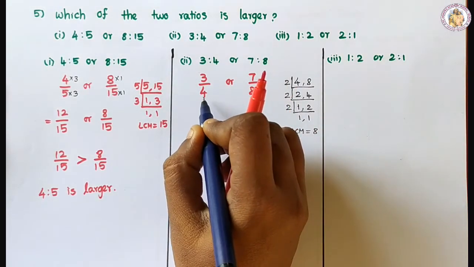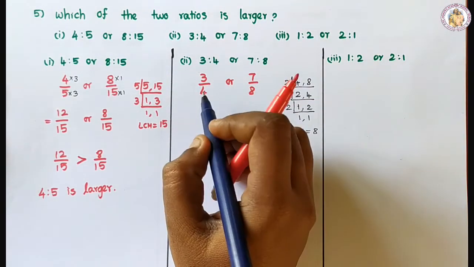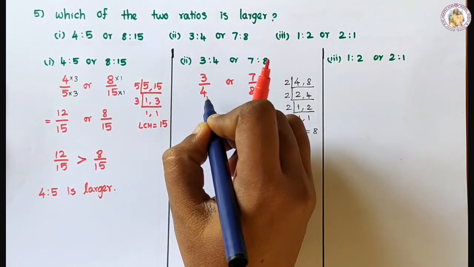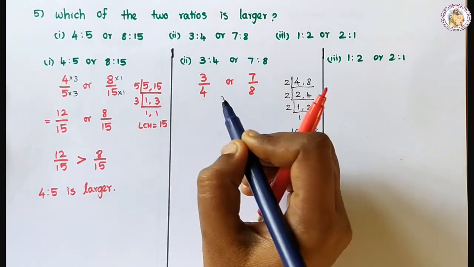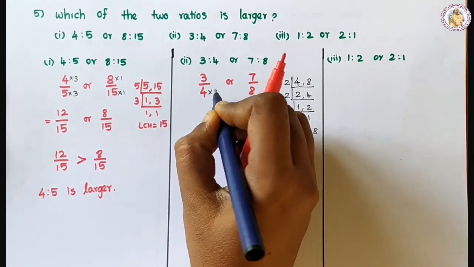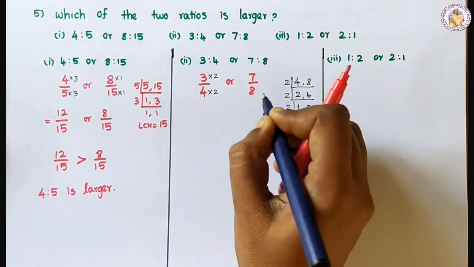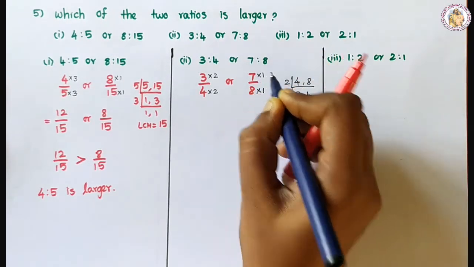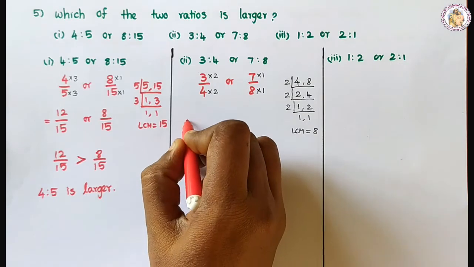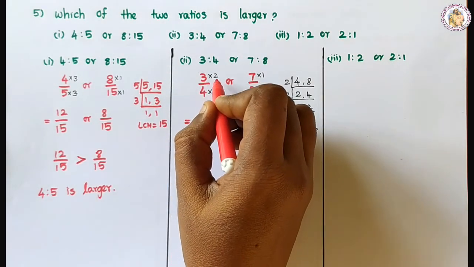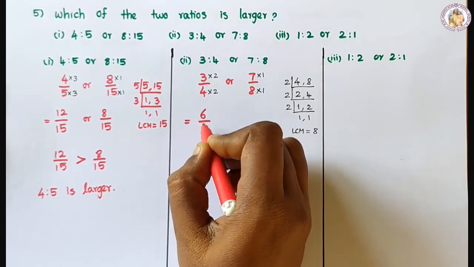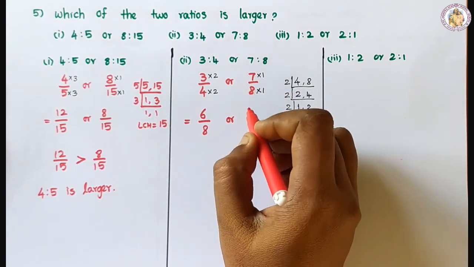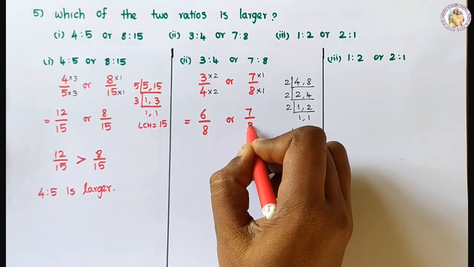What number we have to multiply to get 8? That is 2. Here already 8 is there, so multiply with 1. 3 2s are 6 by 8 or 7 1 is 7 by 8.